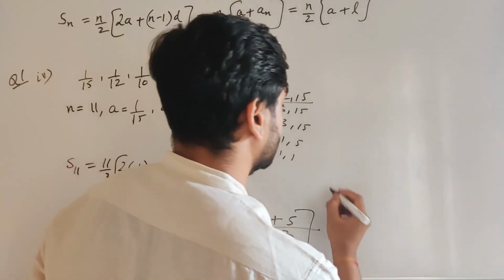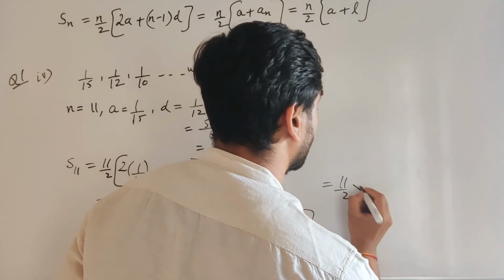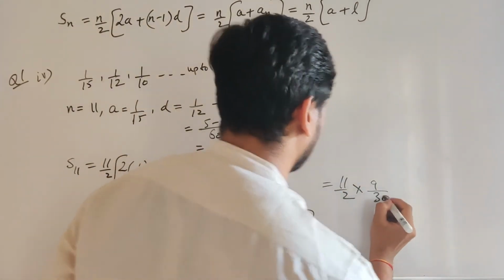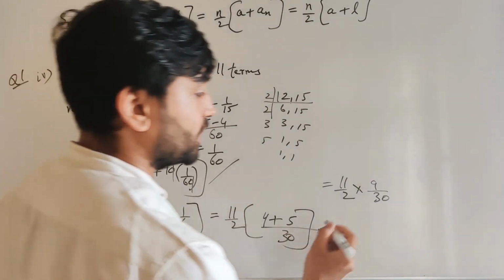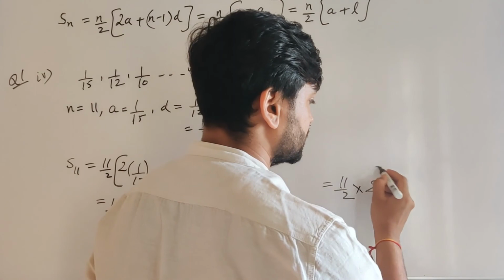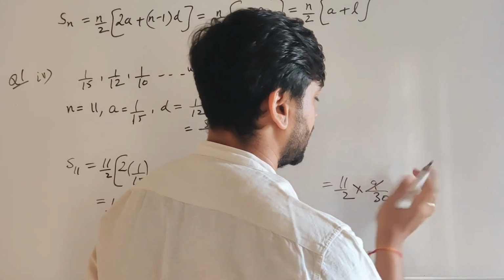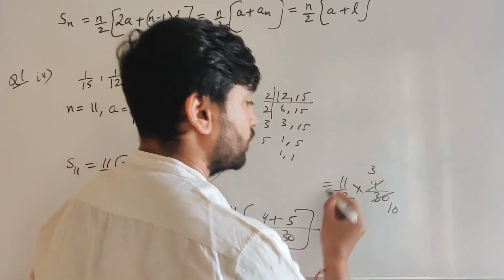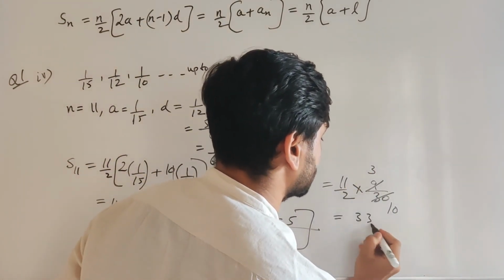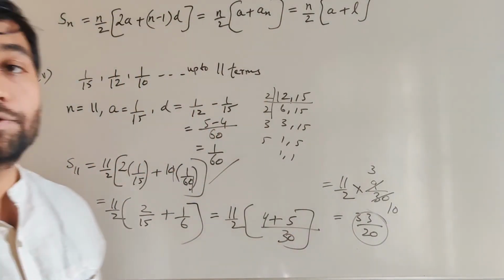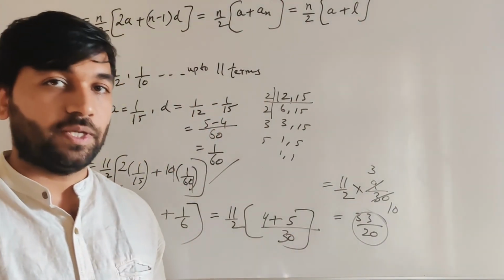So 11 by 2 multiplied by 9 by 30. Here we look for any cancellation. This is 3 and this is 10, so no more cancellation. Our final answer is 33 by 20. This is the sum of the first 11 terms of the given AP.